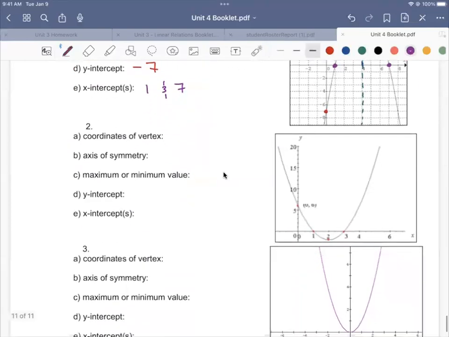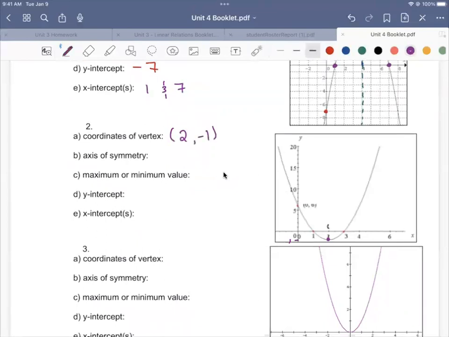If I take a look at the second graph, I can see that I have a coordinate vertex here. This would be about a 1. So the coordinates of my vertex are (2, -1).